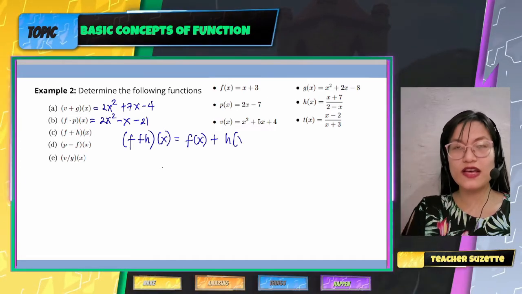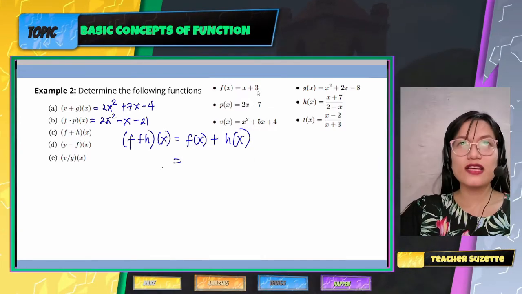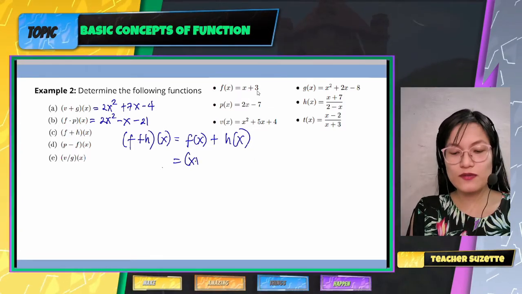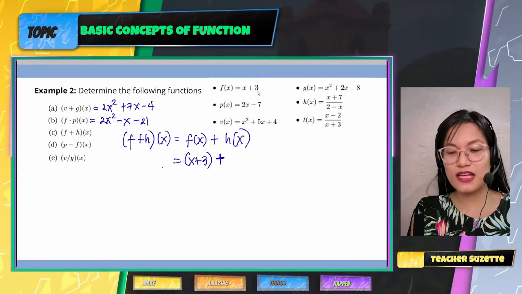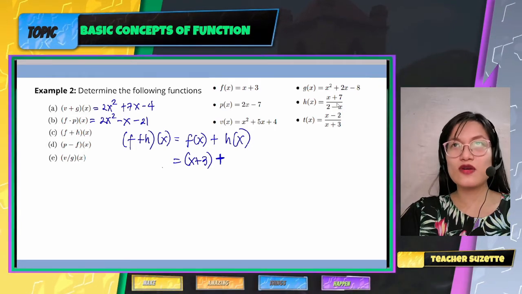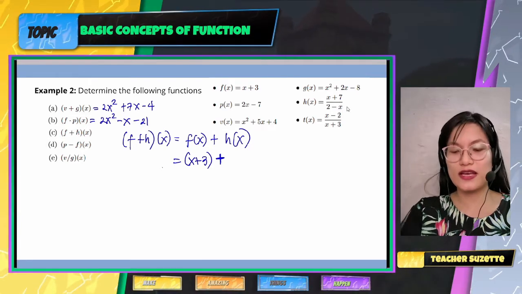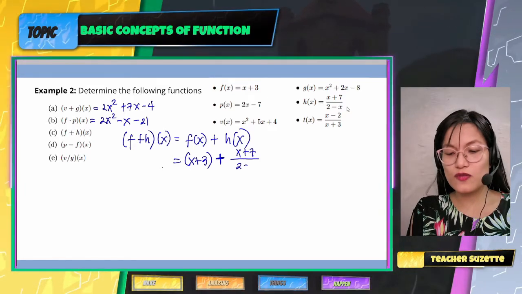Our f of x, based on our given, is x plus 3. So, let's input it in our equation, plus our h of x, which is x plus 7 all over 2 minus x. So, that is x plus 7 over 2 minus x.